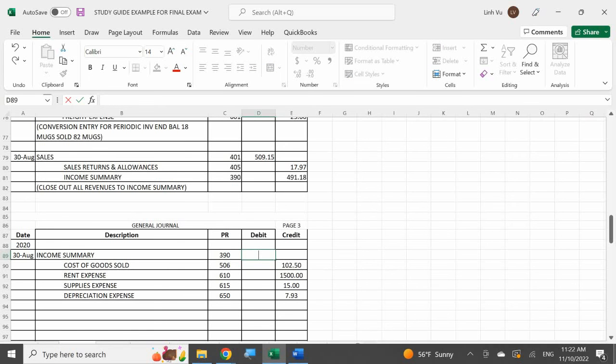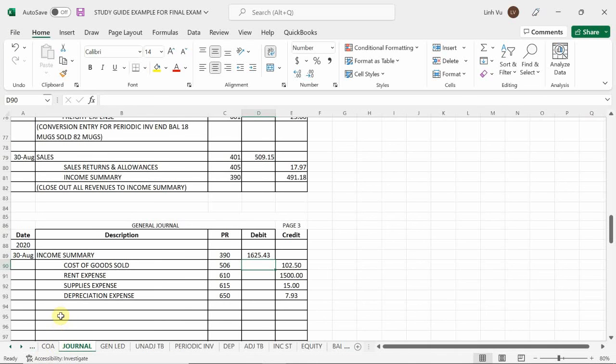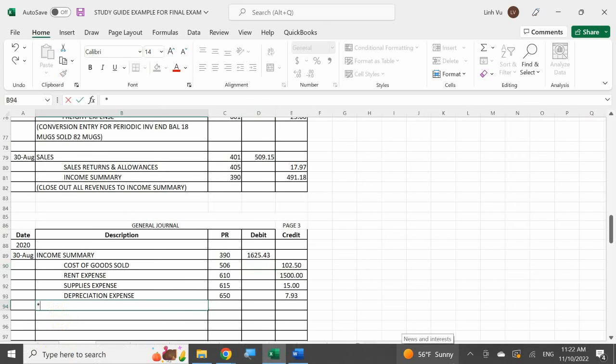Equals the sum. You said $1,625.43, yes. Okay. And I'm going to put my note here: close out expenses to income summary.